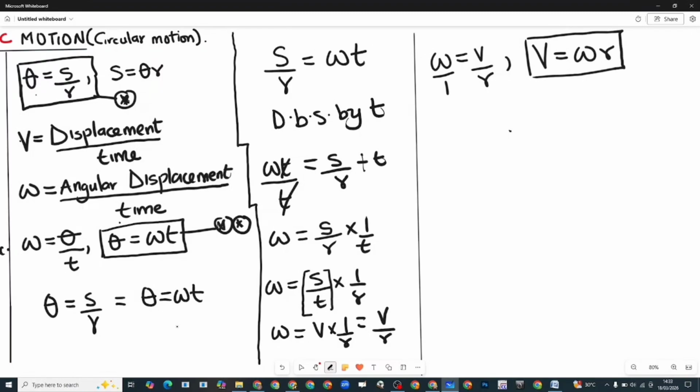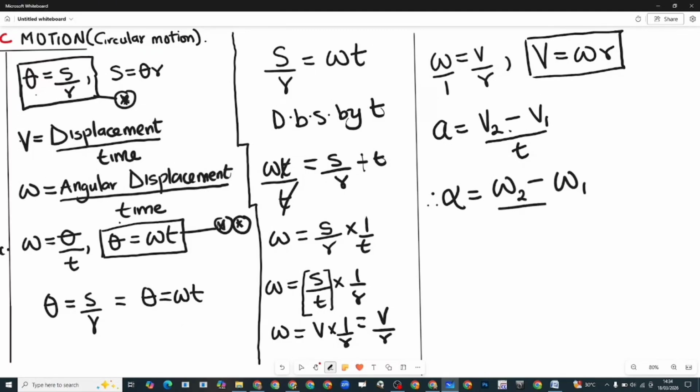Now, linear velocity is displacement over time, and acceleration is the rate of change of velocity with time, so it's v2 minus v1 over time. We can also say angular acceleration is the rate of change of angular velocity with time.